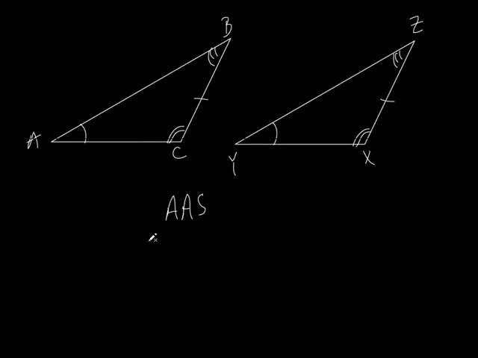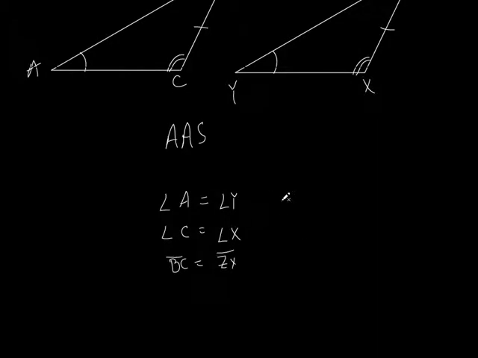Well, it all depends on your proof. If all you wrote for your proof was this, watch. If you said that angle A was equal to angle Y, and that angle C was equal to angle X, and then you said side BC was congruent to side ZX, and you wrote that down as your information, that's all given, by the way.